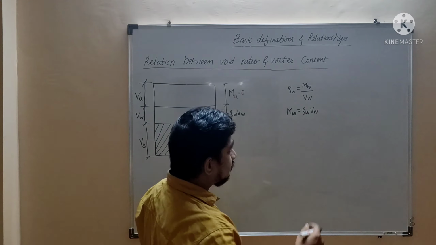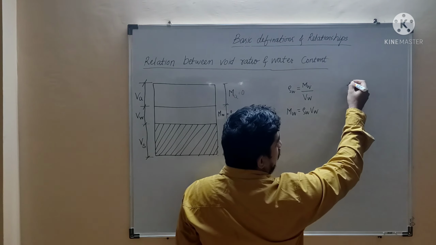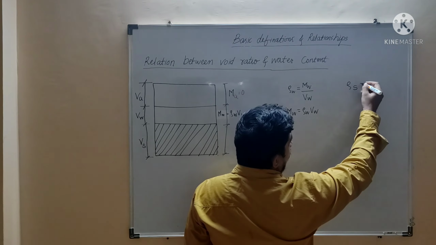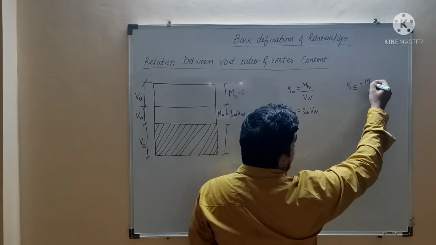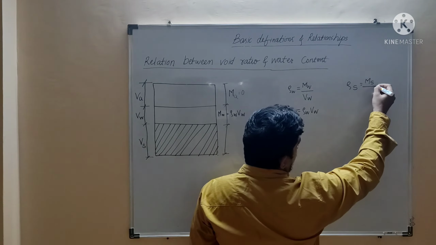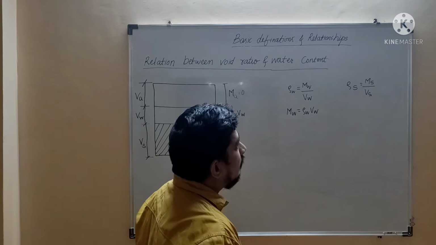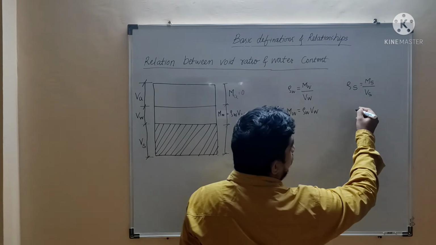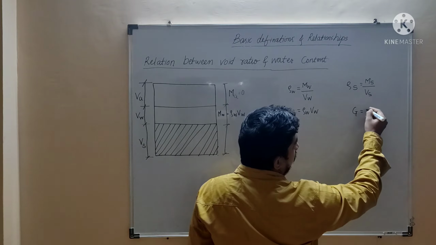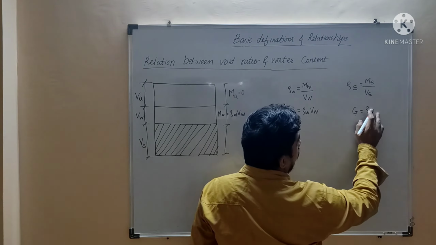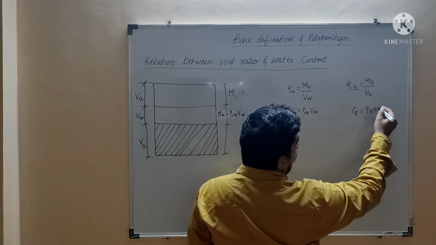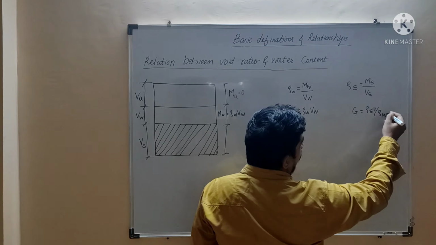Then the density of solids rho s is equal to MS by Vs. But we know that G is equal to rho s by rho w.